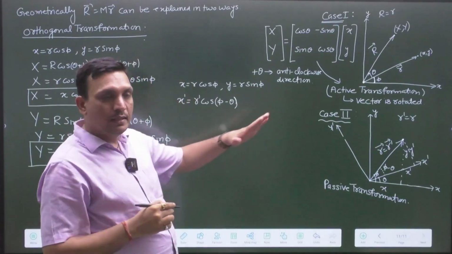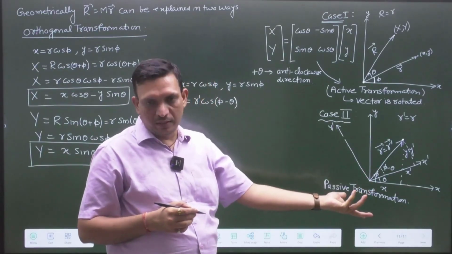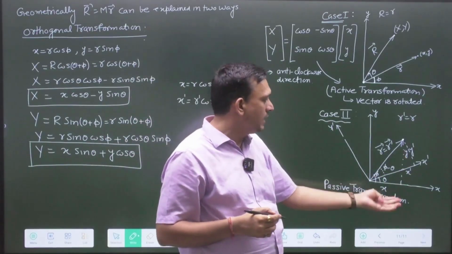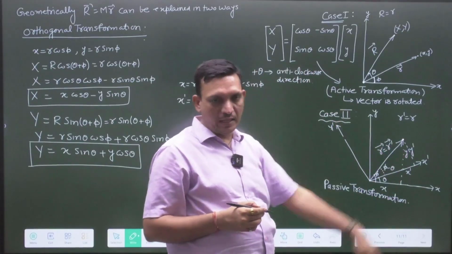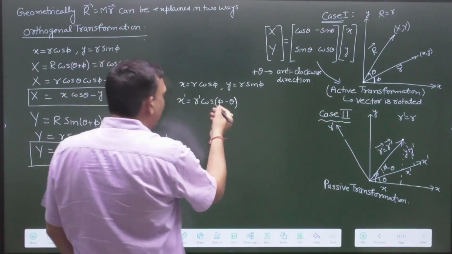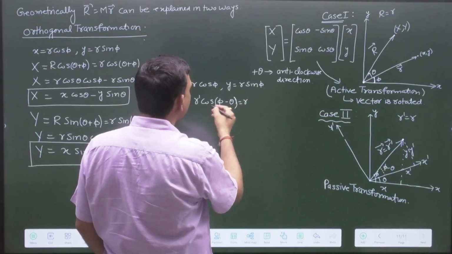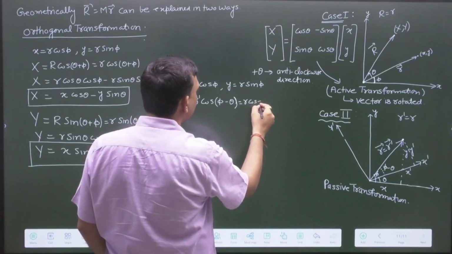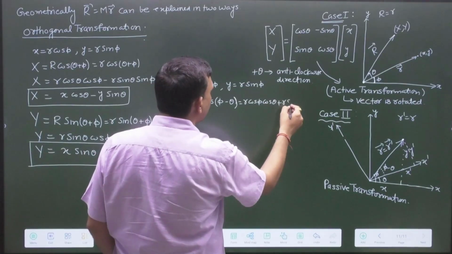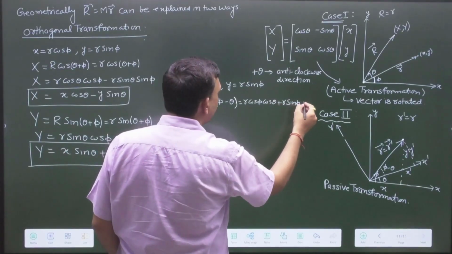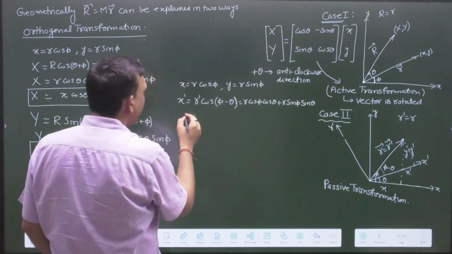Now the vector is not changing, but its components with respect to the two axes are different. With respect to xy, the component is xy. With respect to x dash y dash, the component is x dash y dash. Now r dash is equal to r, so this will be given by r times cos A cos B plus sin A sin B. So what will be x dash?